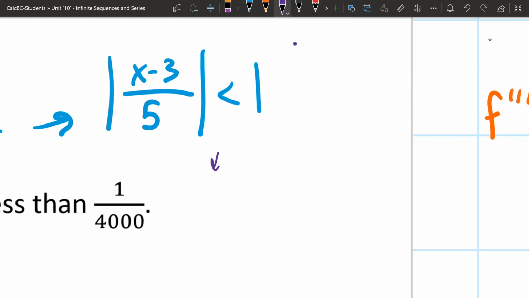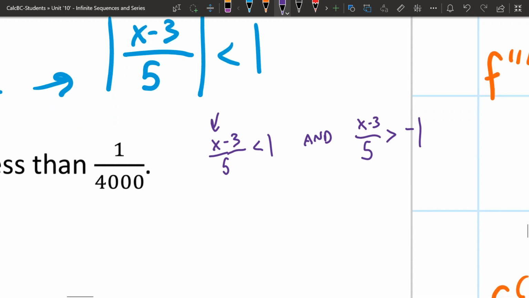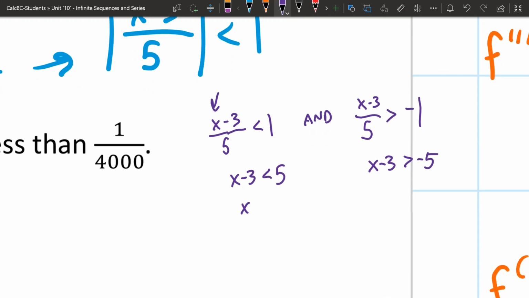So if we drop the absolute value, solve that one, and drop the absolute value, change the sign, we're going to solve that one too. So times 5 on both sides, add 3 to both sides.